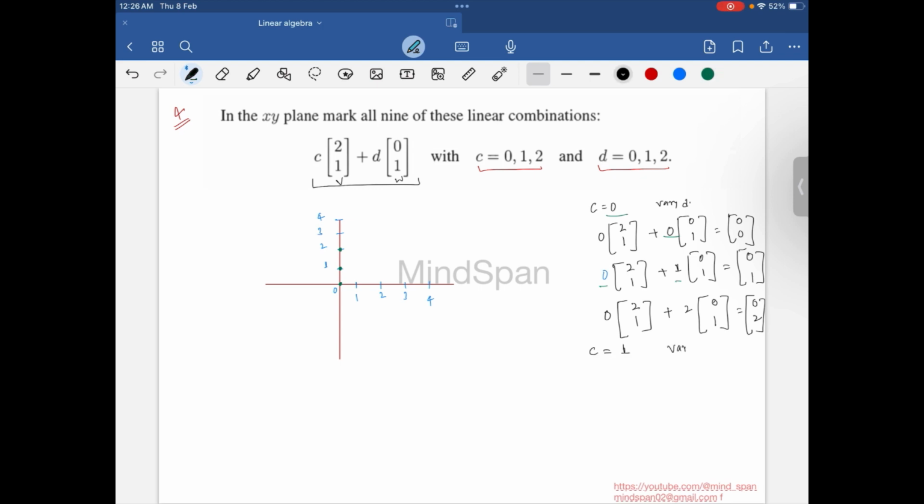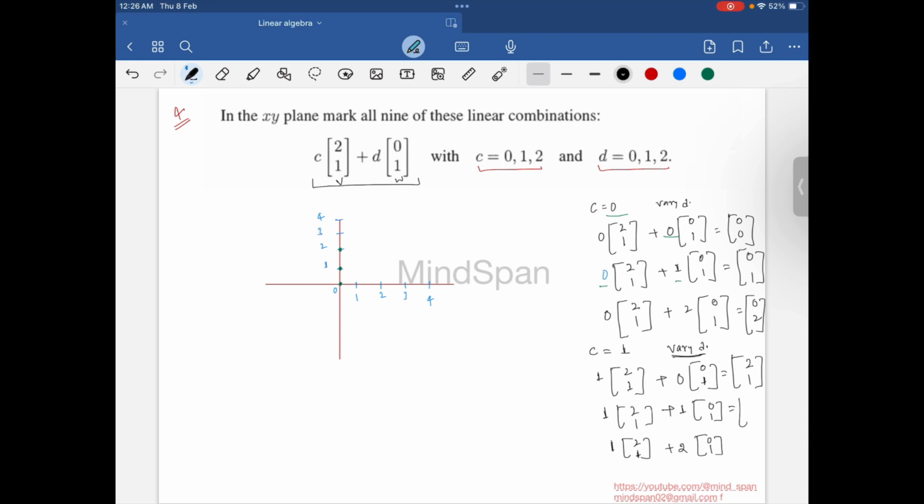So these are the points that we will be getting, and now we can change c to 1 and again we vary d. So we can pick c equals 1 times 2 1, and again let me write all of them, and we can vary d, so we can pick d as 0, d as 1, and d as 2 also, right? So from here what we will get is 2 1, right?